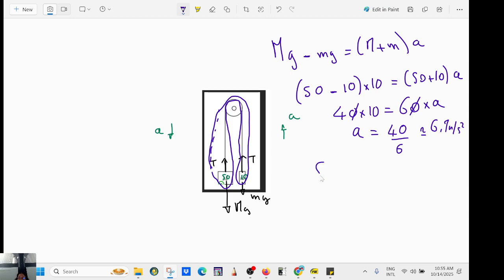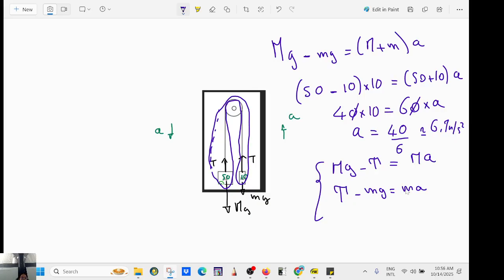Of course, you can again do it the long way. You can look at this one and you say down minus up equals mass times acceleration. You can look at this one and you say up minus down equals mass times acceleration. And you want to make sure you don't confuse the sign.